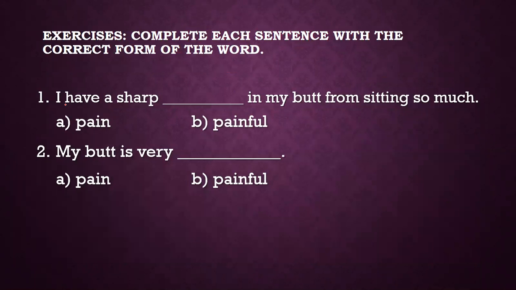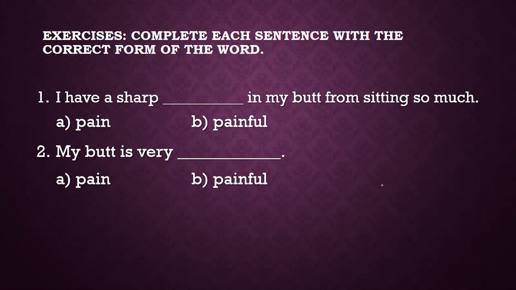Here are some examples that we did in the classroom. This is what you would find in our exam that has to do with word forms. I'm going to give you some options, and you have to determine which word would work best. I have a sharp, pain, or painful in my butt from sitting so much.